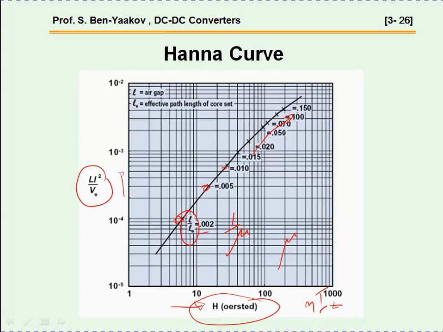That is, here the mu is 1 over 0.002, which is 500, while here, say, take a simple number, this will be 20. So the higher the energy, the larger the volume that you need, and the lower the mu that you'd like to use in order to utilize the core properly.